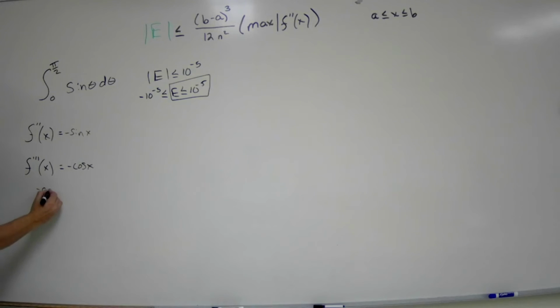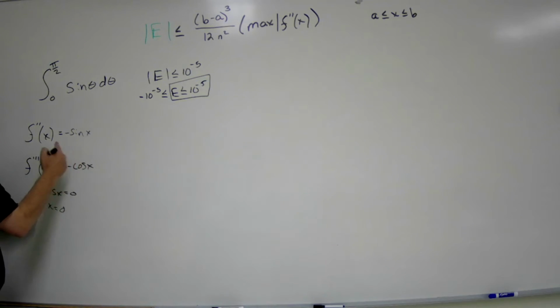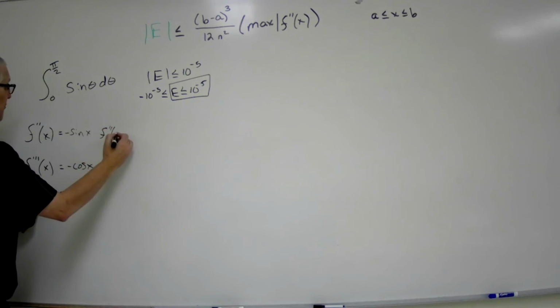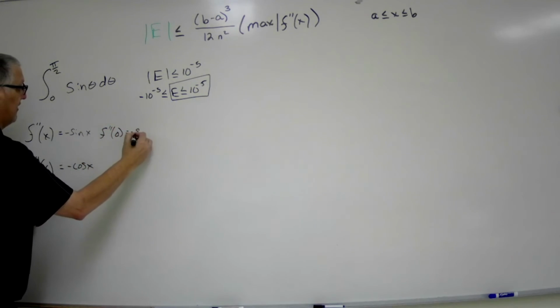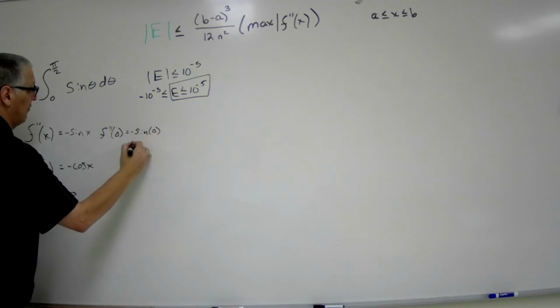All right, negative cosine of x equals 0. What is this, 1? No, it's 0, isn't it? x equals 0. Cosine of 0 is 0. So we want to know what f double prime is at 0. Negative sine of 0. Negative 1?